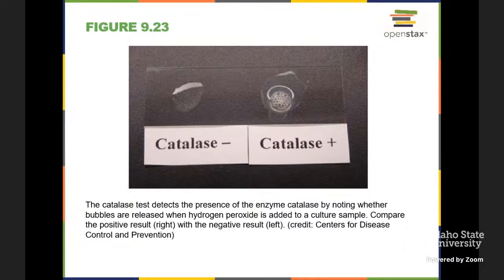They take in the peroxide. The enzyme splits the hydrogen peroxide molecule apart, generating water and oxygen gas. That's the bubbles you see as the positive result, oxygen that's being evolved through that enzymatic reaction.